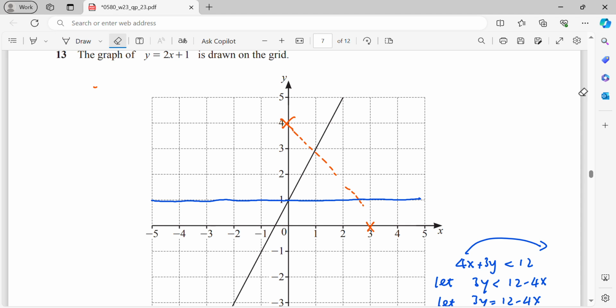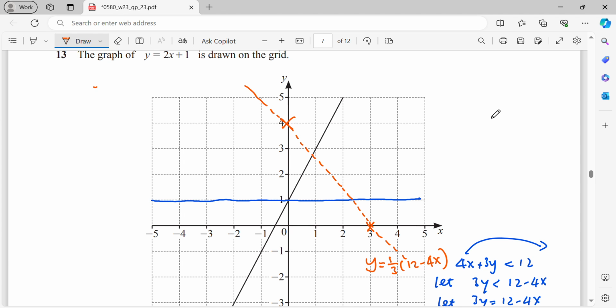My graph won't be accurate here because I'm not using a ruler. Roughly like this, not so accurate.